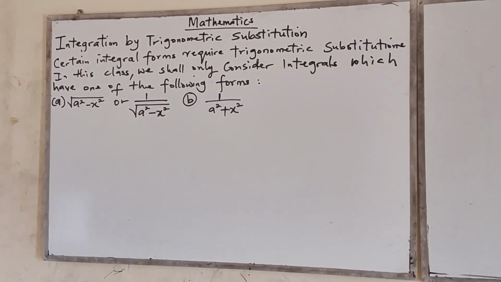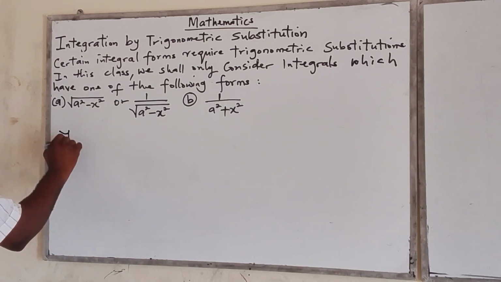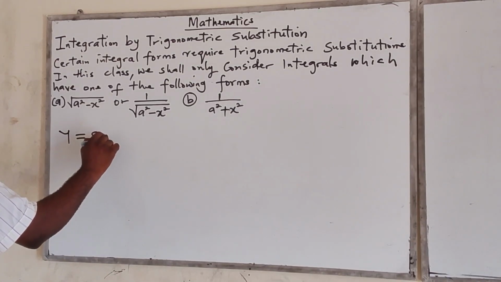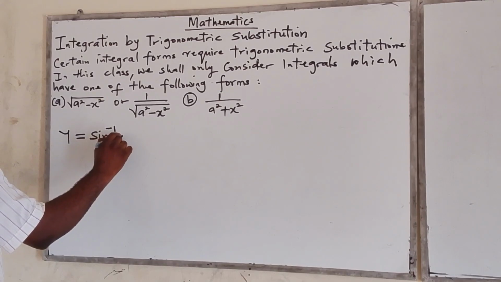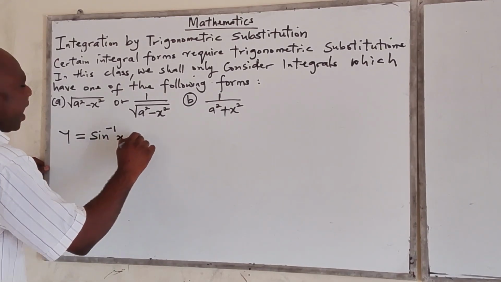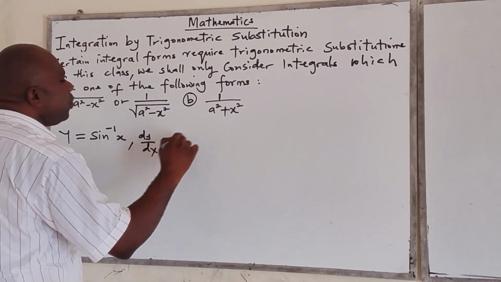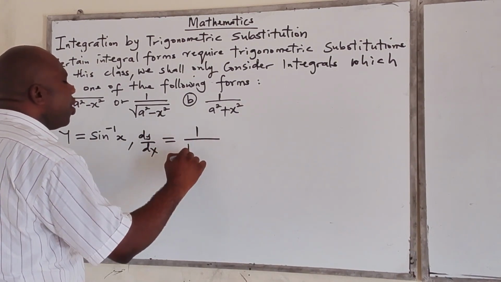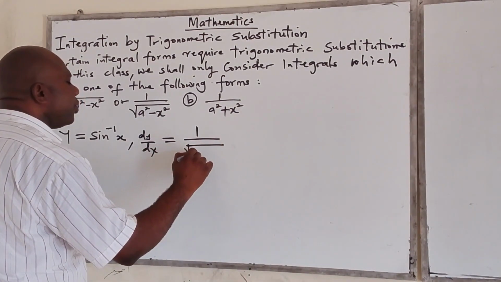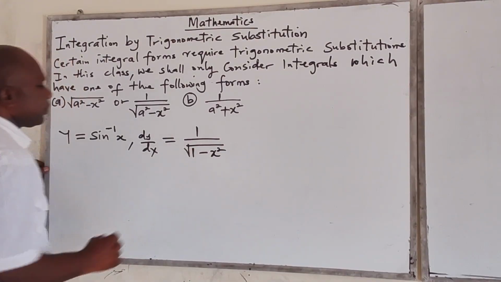In our previous classes, we discovered that if y is equal to the sine inverse of x, then dy/dx will be equal to 1 all over the square root of 1 minus x squared.